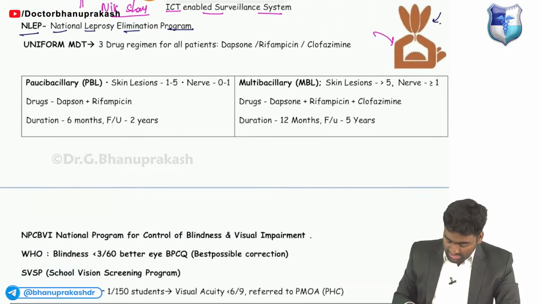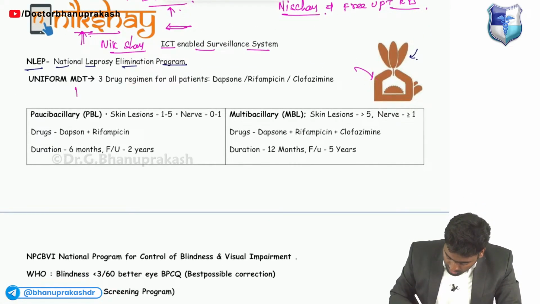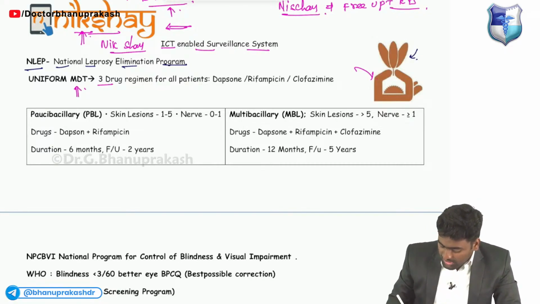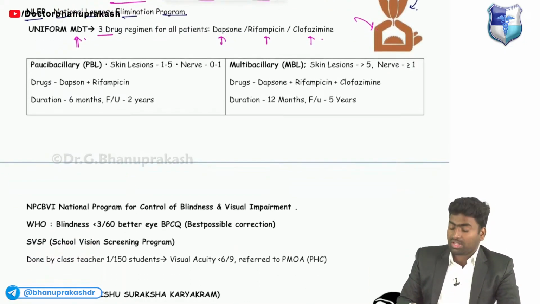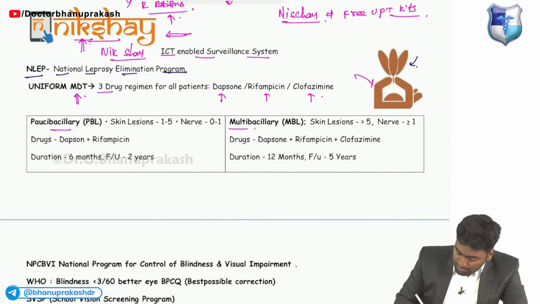Next, about leprosy and the drugs. Now the government or WHO recommends a 3-drug regimen, or uniform drug regimen, which includes dapsone, rifampicin and clofazimine. We have two types of leprosy, paucibacillary and multibacillary. Paucibacillary uses drugs like dapsone and rifampicin.